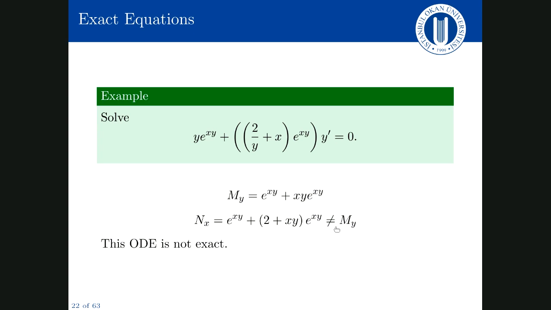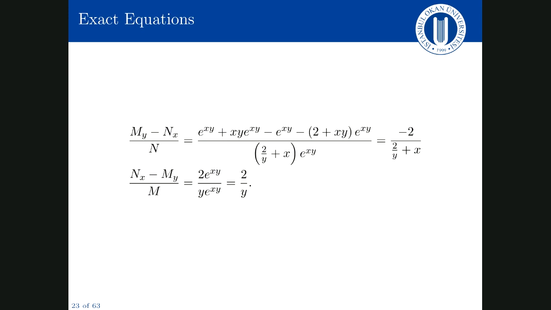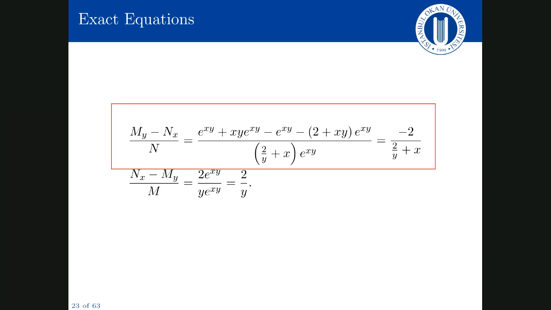Can we change it into an exact equation using an integrating factor? To try to understand, I'm going to calculate (My minus Nx) over N and (Nx minus My) over M. The first one, when we calculate this, we get minus 2 over (y plus x).